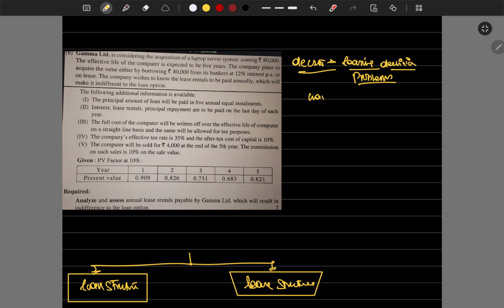Gamma, some laptop server system they are producing. The system they are planning to acquire costs 80,000. Life is 5 years.